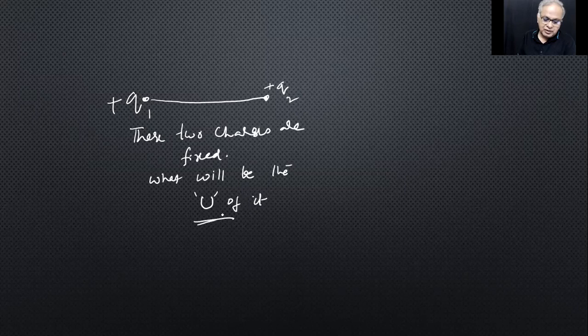Why am I saying fixed? When I'm deriving the formula, when I say one charge is here and another charge is brought from somewhere, this charge will move the other charge. So let me say this is fixed, and bring another charge and place it here.